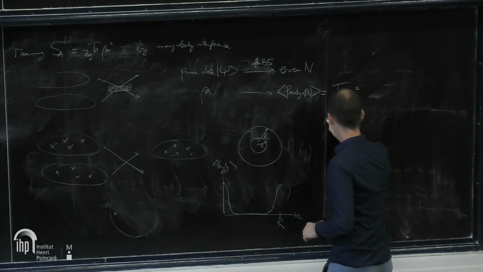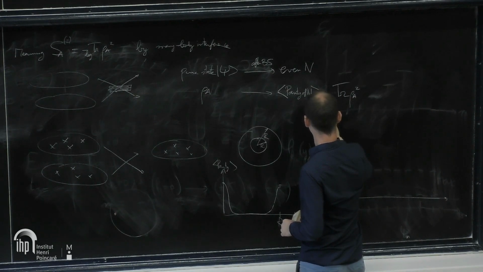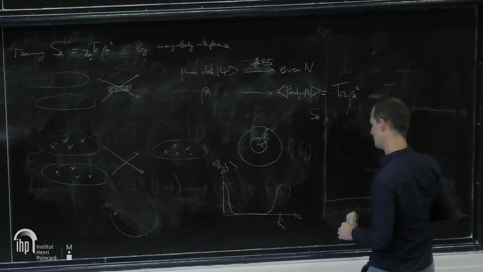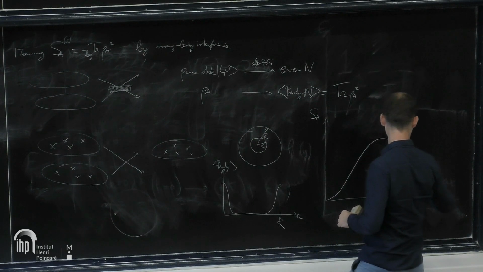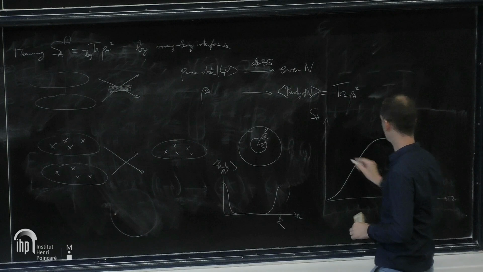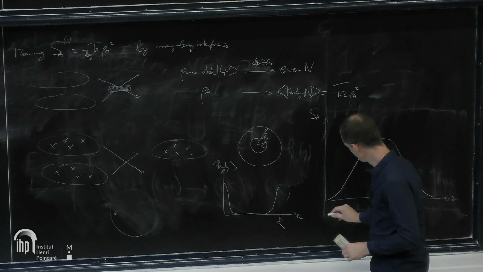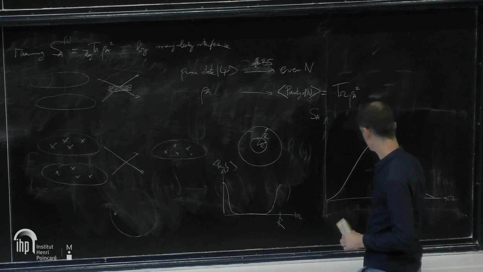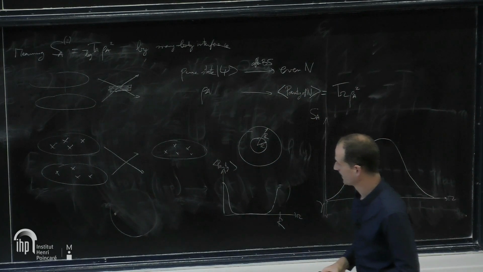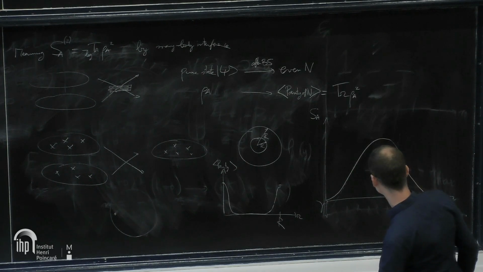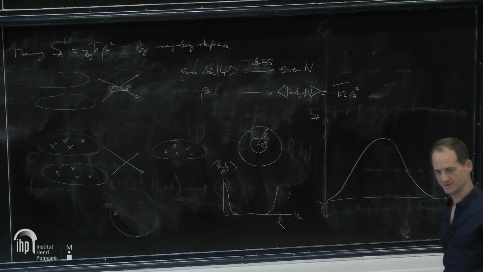And if we take the log, then we would have the entanglement entropy that should scale like this as a function of R. And basically, there should be a linear regime here where the intercept with the y-axis should give the topological entanglement entropy.